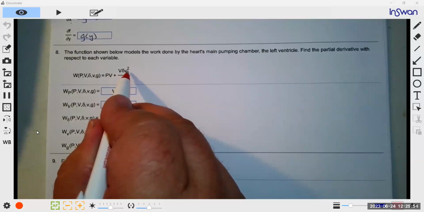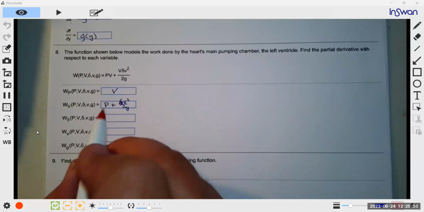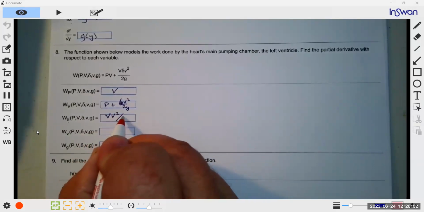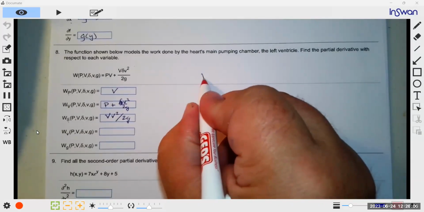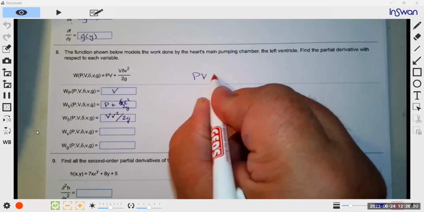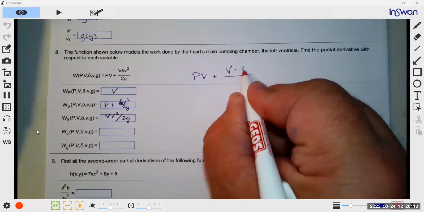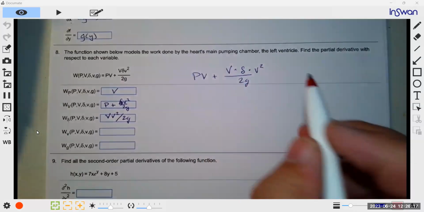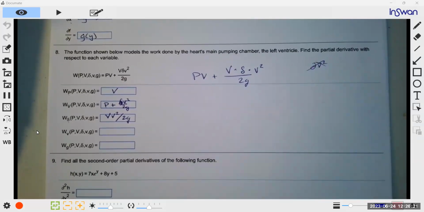So with respect to delta, we have big V, v squared over 2g. But it's V times delta times v squared over 2g. It's not delta v squared, so no.